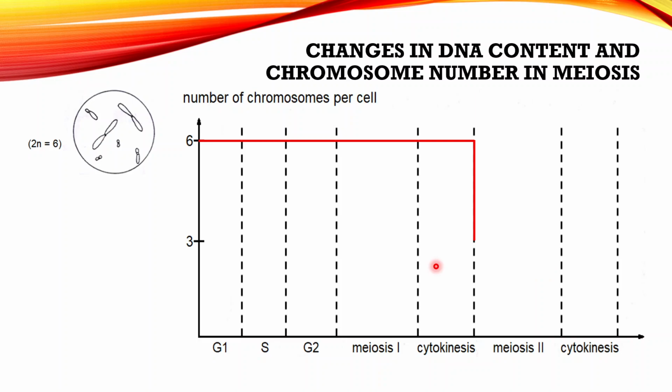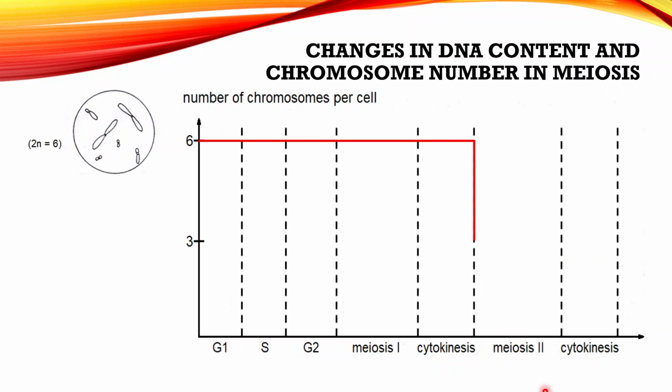The cleavage furrow will increasingly close up, but it is still one cell until the moment the cleavage furrow has fused, and then it forms 2 cells. So it's one moment. It's not a continuous process. That's why it goes straight down at the end of cytokinesis. Understand that? Okay. So at the end of cytokinesis, when at that moment 2 daughter cells are formed, each cell would only have 1 set of chromosomes, and 1 set is 3. So 3 chromosomes drop all the way to 3.